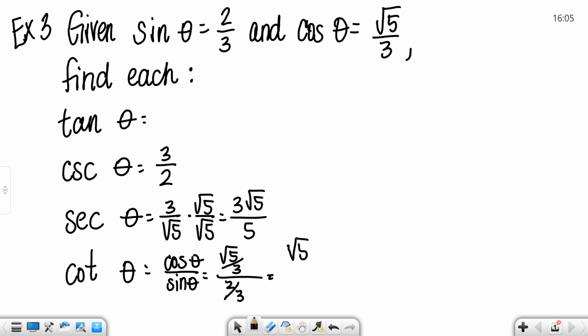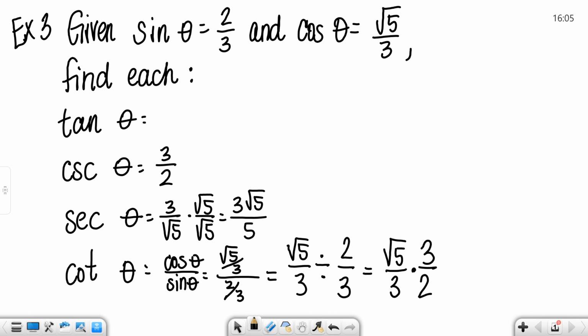So I've got the square root of 5 over 3 divided by 2/3. I'm going to rewrite this so that it looks like a division symbol instead of the division bar. That is an equal sign, guys. When you divide fractions, you flip over the second fraction, so we multiply by the reciprocal. Awesome, because now 3 goes into itself, and I'm left with the square root of 5 over 2. So the cotangent of theta is the square root of 5 over 2.